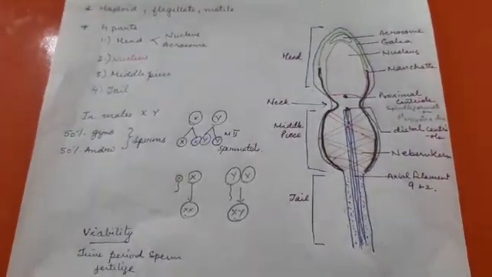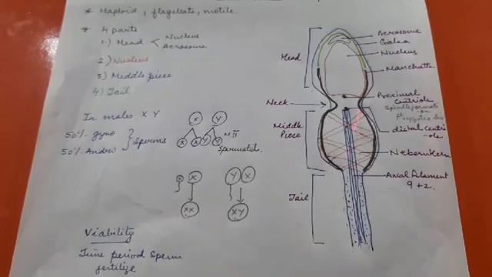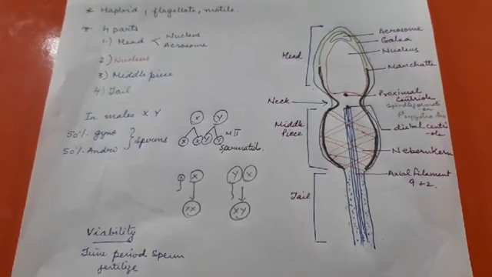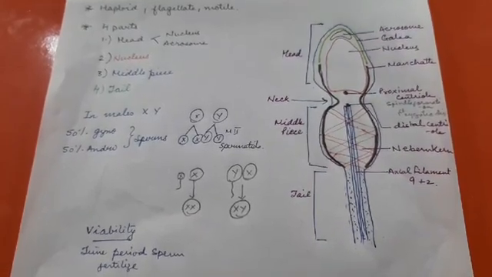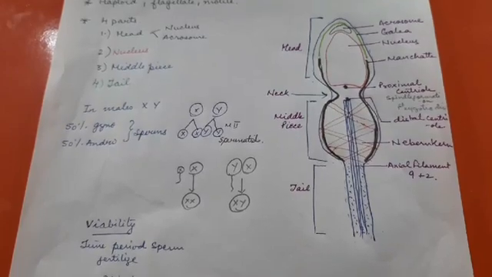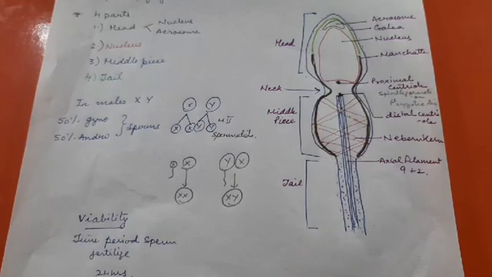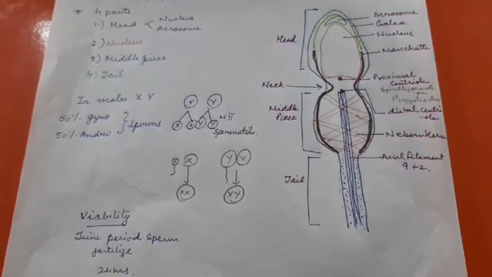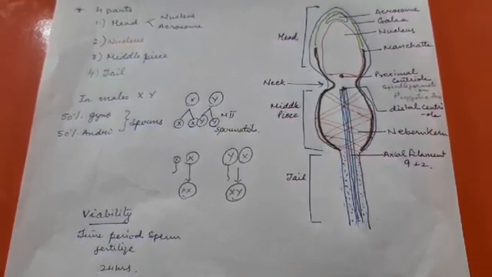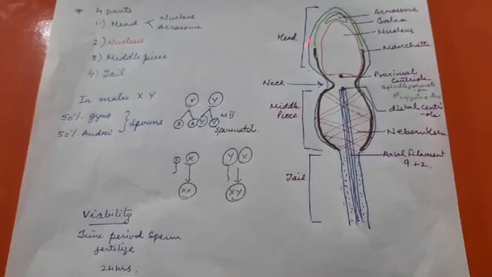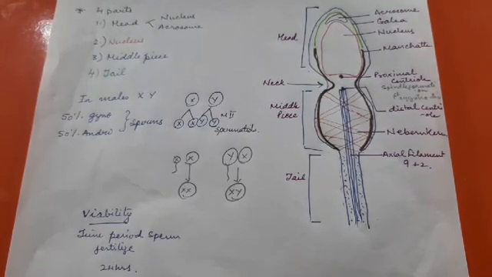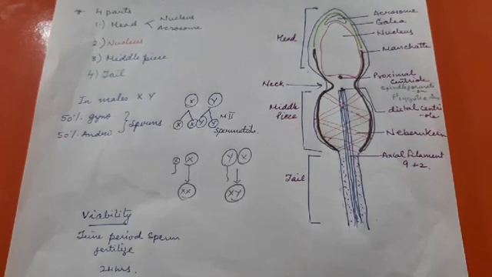So, these axial filaments, they run parallel to each other. So, this is how these filaments are going to run, and the narrow depression which we have seen in the neck part. After the neck region, there is a slight swelling, not as much as the head part which you have seen. This is slight swelling, head is a more swollen part, and this part is now known as the middle piece.